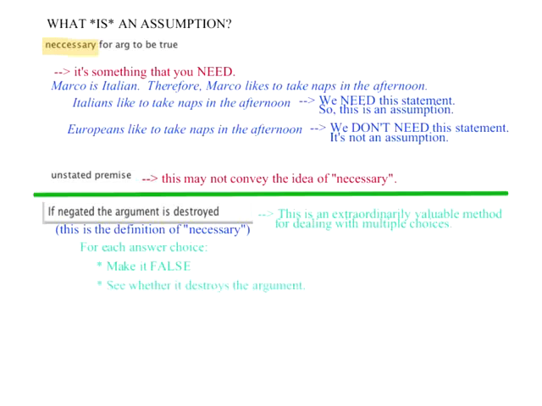If the argument is destroyed when you make the choice false, then you've got an assumption. So you try this with Marco. The assumption is Italians like to take naps in the afternoon. If you negate that, you get Italians don't like to take naps in the afternoon.